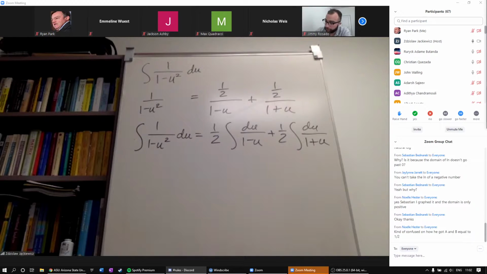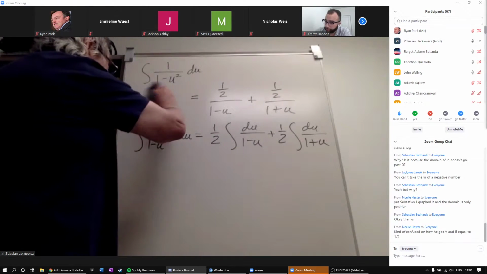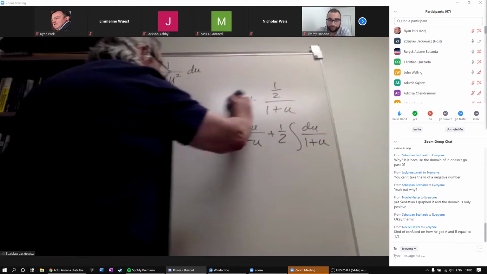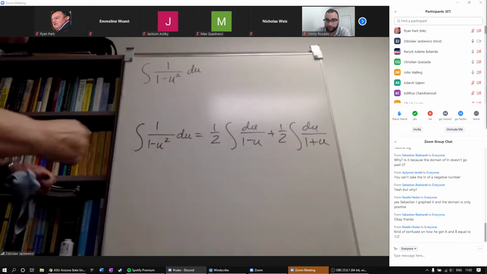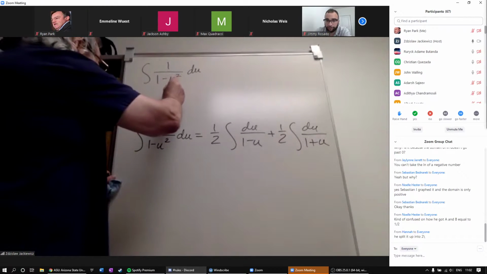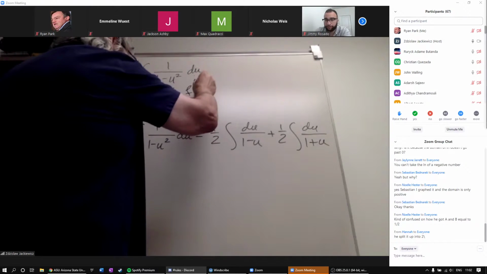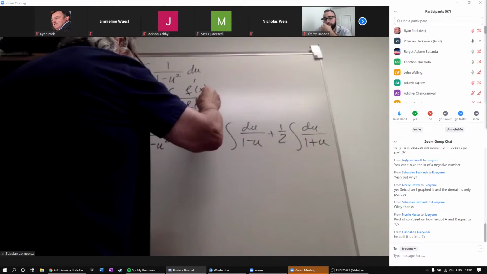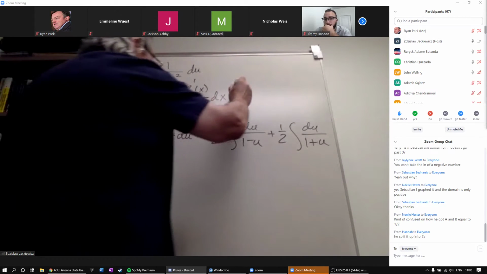Now, there's a very useful formula. You had this formula last semester. If you have the integral of f prime of x over f of x dx, who knows what this is?